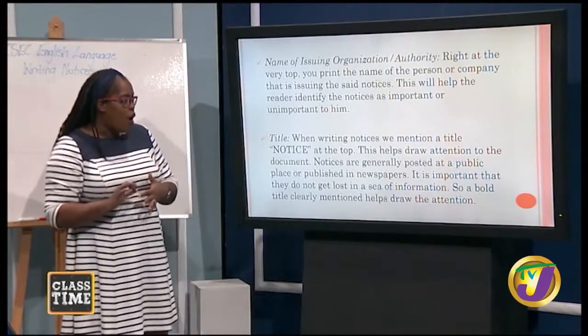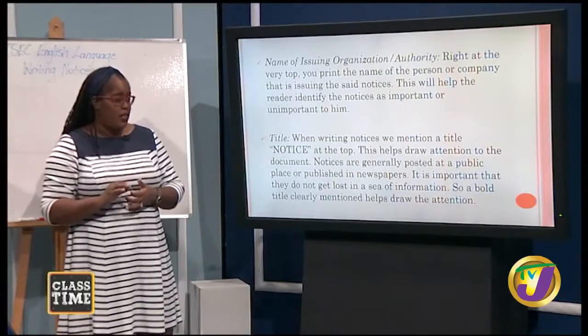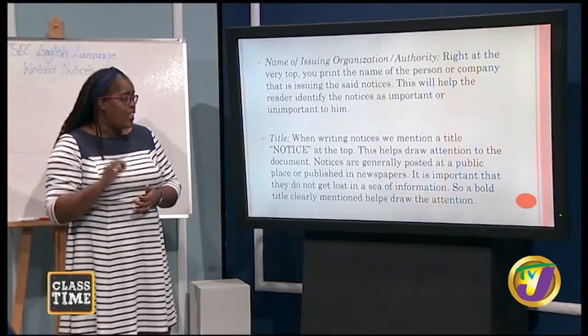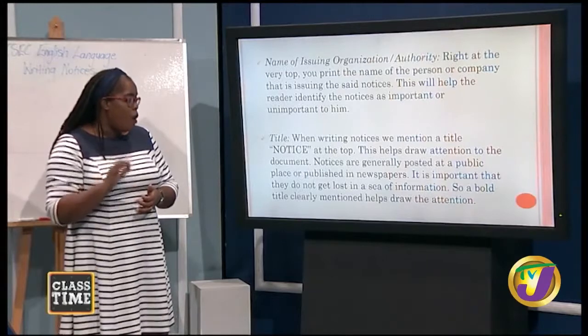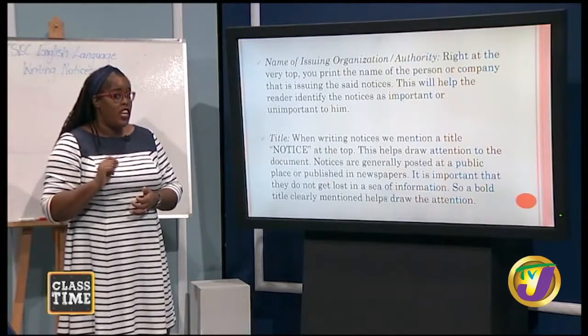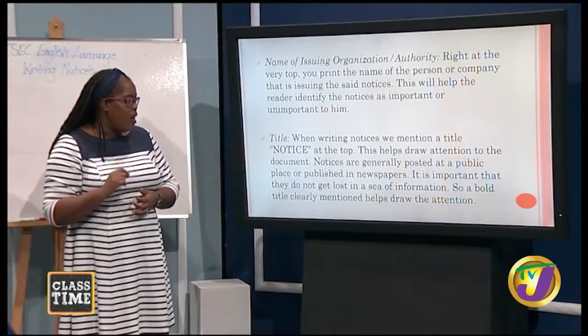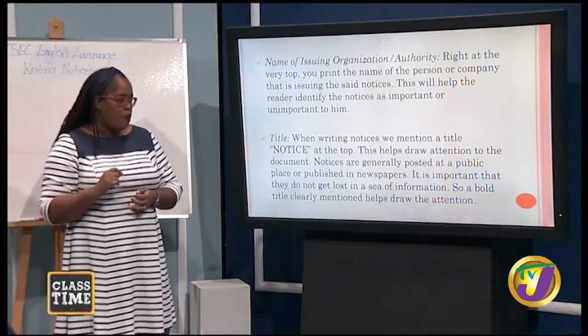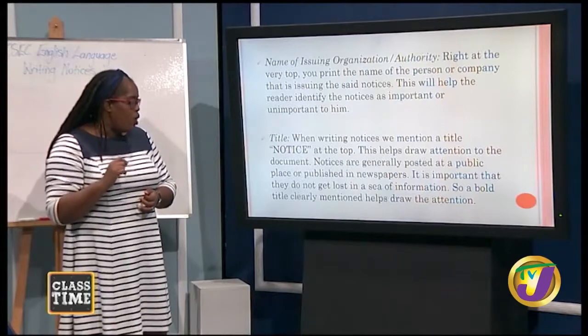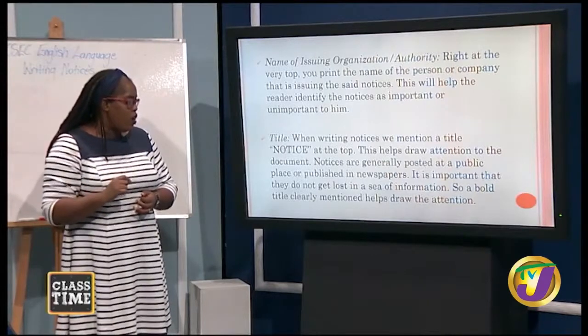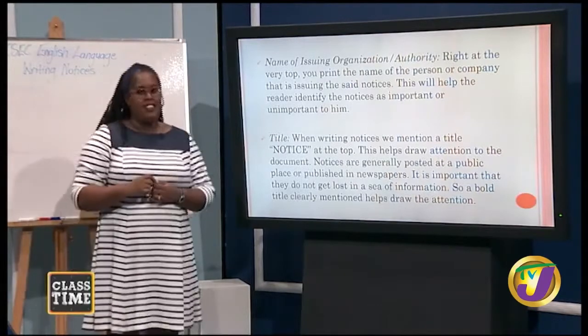This helps draw attention to the document. Notices are generally posted at a public place or published in newspapers. It is important that they do not get lost in a sea of information. So a bold title, clearly mentioned, helps draw the attention.